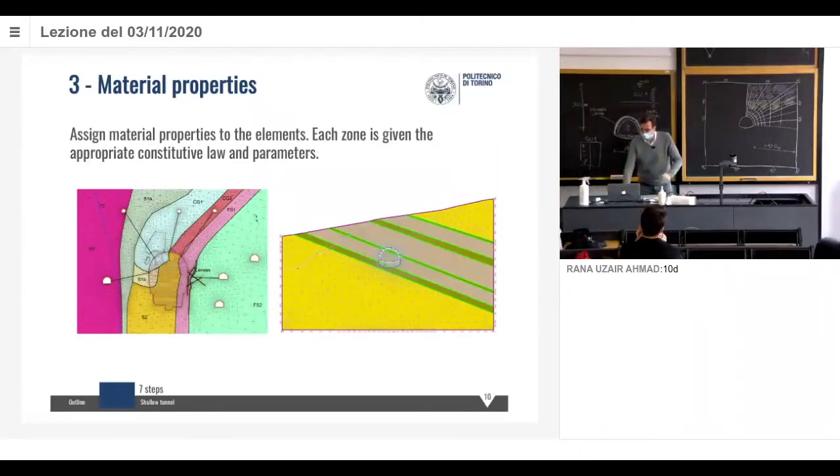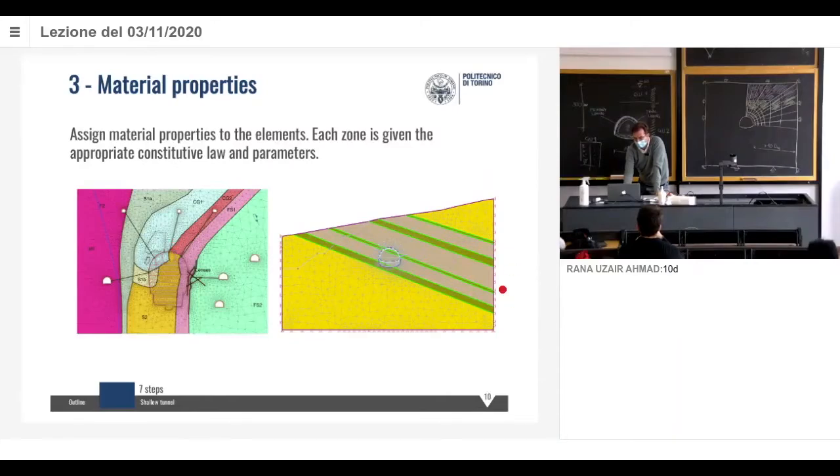In the picture here, you have 2 examples of fairly complicated geology. In this case, this is an underground cavern with complicated geology, as you see, and each color corresponds to a geotechnical unit. So each color of that picture has been given different properties, and you see that the mesh is following the geology properly.